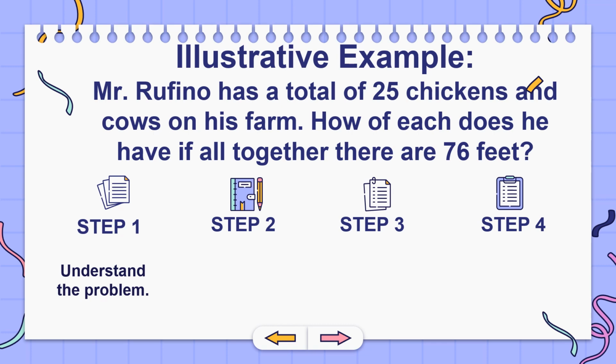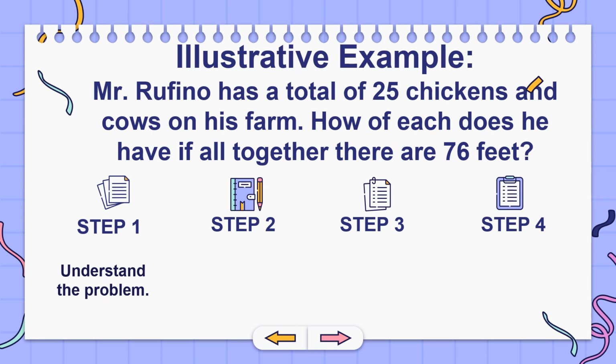Chickens have 2 feet and cows have 4 feet. We are now trying to determine how many cows and how many chickens Mr. Rufino has on his farm. So after we identify the problem, we look at what needs to be solved.